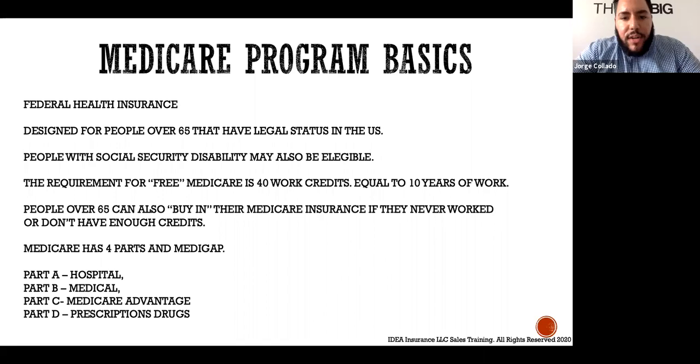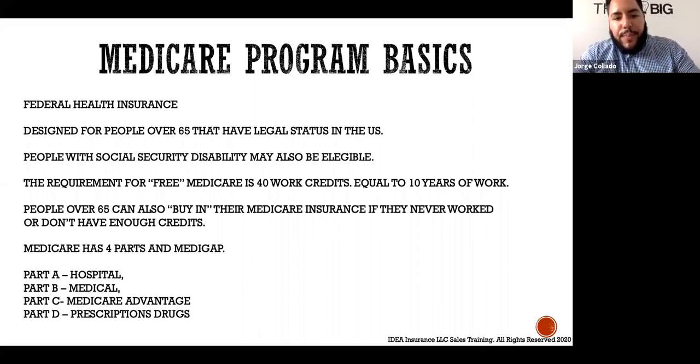Usually Part A is free for people that work and put into the system, but Part A does have a cost, about $422 a month. And as you know, Part B also has a premium, which is $144.60 now in 2020. So people have the option to buy into Medicare coverage if they can pay the money and if they have the legal status. If they're over 65 and have legal status, they can buy into the Medicare program.